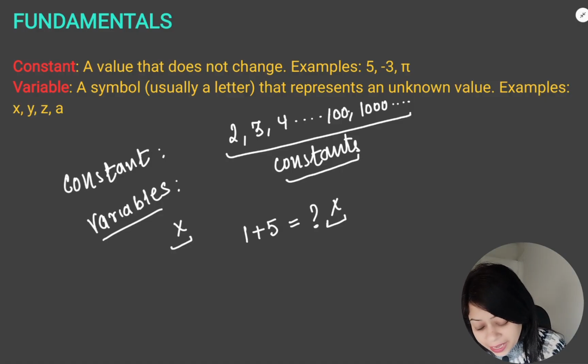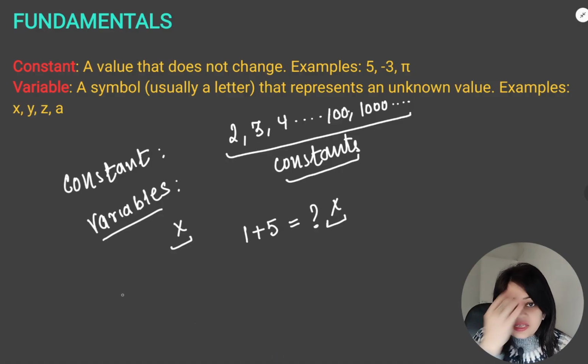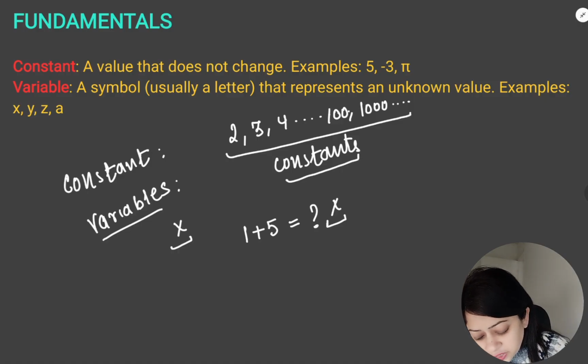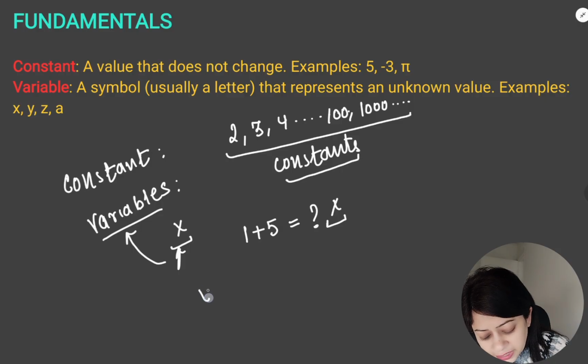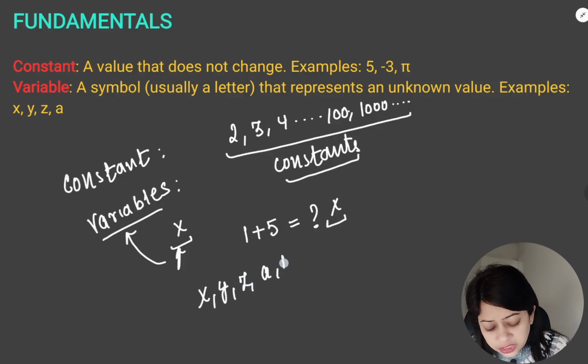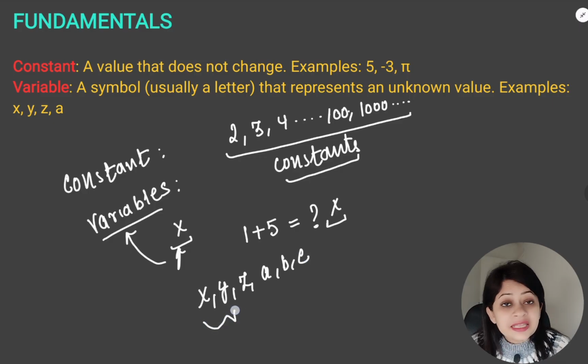Okay, so if x's value is changing, that means x is not fixed, x is not constant. What is x? X is varying. If the value of x is changing, it's varying, then what is x? Then x is a variable. If its value is changing, it is not constant, then it is a variable. So these alphabets, x, y, z, a, b, c, which we generally use, are called variables.